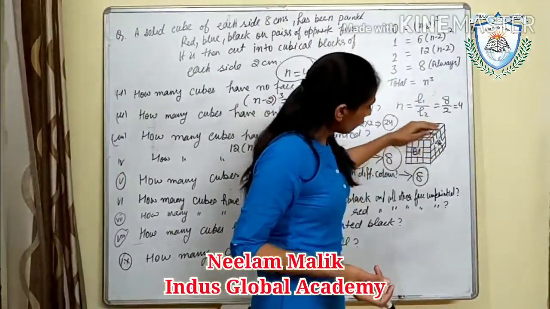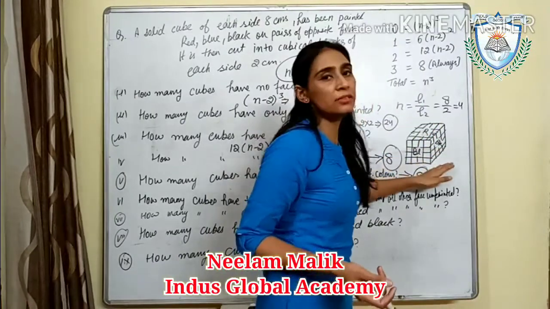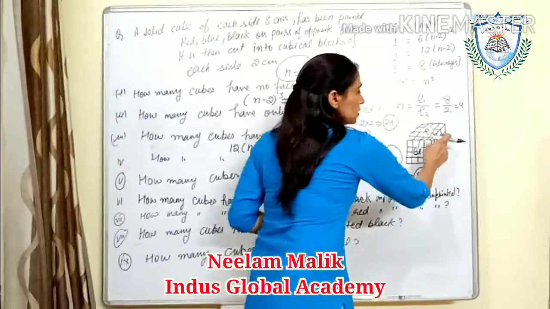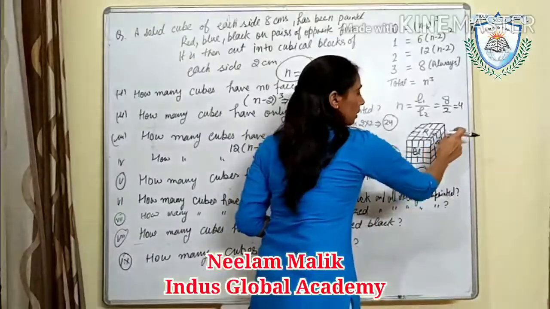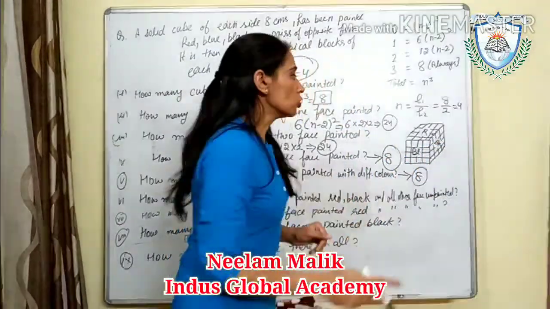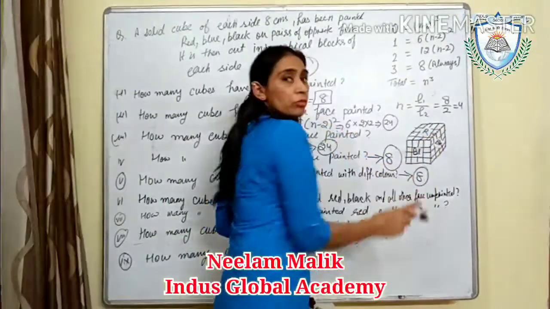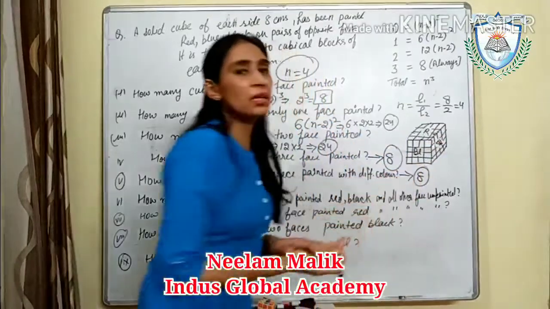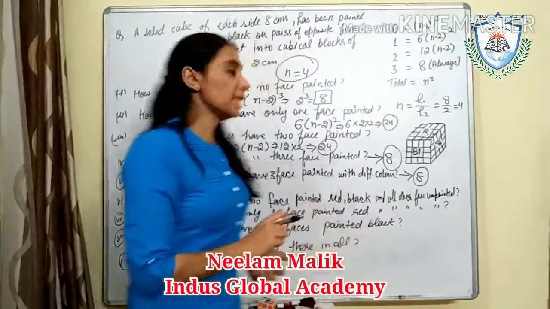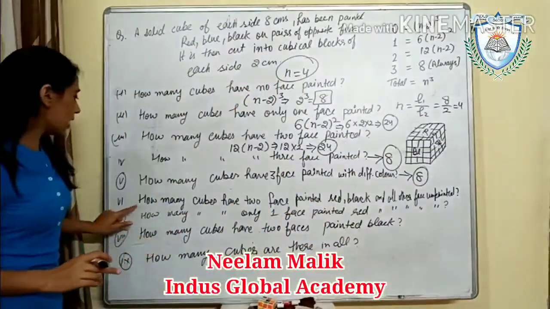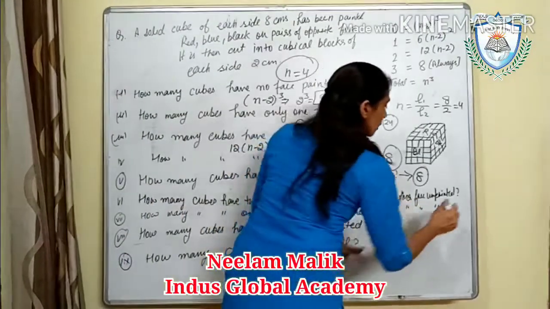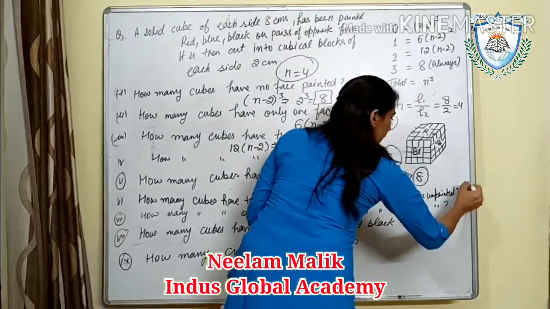So 4 here and 4 at the bottom. The one at the back has black but on the back side it has blue, so we will not consider that. 4 here and 4 at the bottom layer, so here will be 8. Answer will be 8.